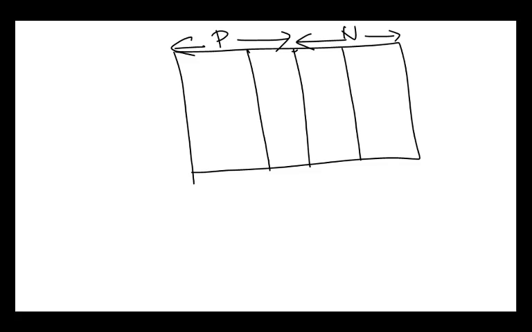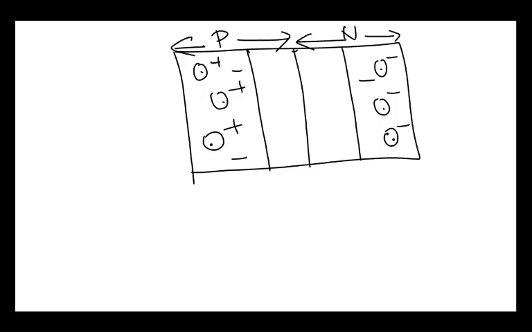This is my N region. These are positive charges, the majority carriers, holes. These are majority carriers, which are electrons.